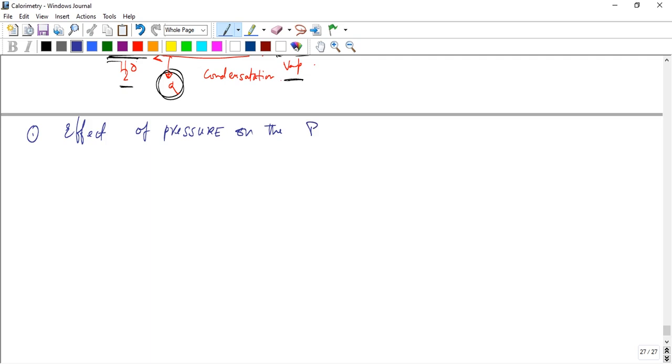Not blood pressure, it is the boiling point. So the important thing is the boiling point. The boiling point of a liquid increases with increasing pressure. If pressure increases, the boiling point also increases. So pressure is directly proportional to boiling point.